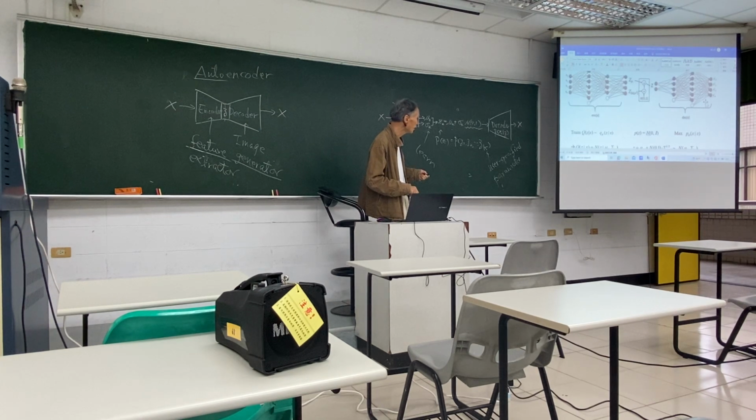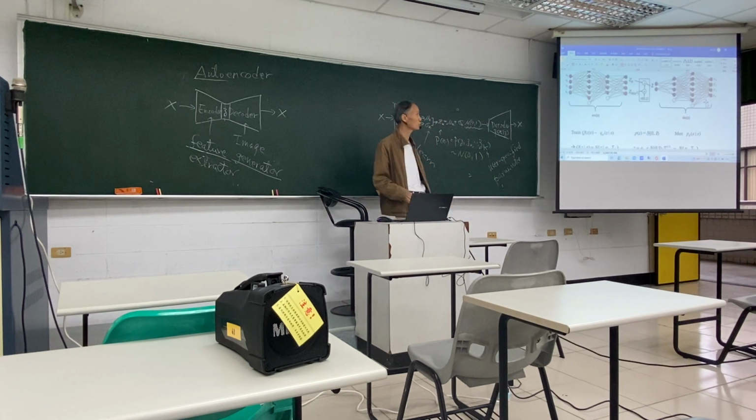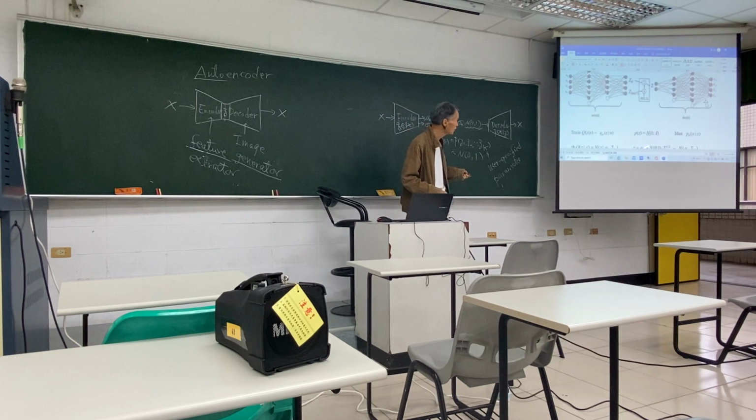We put a phi here, which means the parameter of the encoder you are going to run. And for P of Z here, we assume that it will follow the standard normal distribution. I put an I here, which means identity.